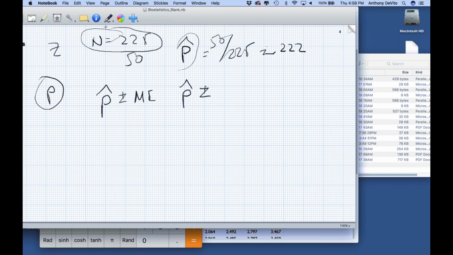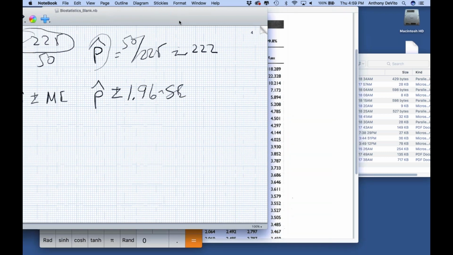Remember how close it was even with a sample of just 64 people? Now it's going to be even closer to what we would get as a z result when we're talking about 225 people. So we're going to use a z-score. And for a 95% confidence interval, what z-score do I use again? Yeah, exactly, 1.96. My margin of error is 1.96 times the standard error.